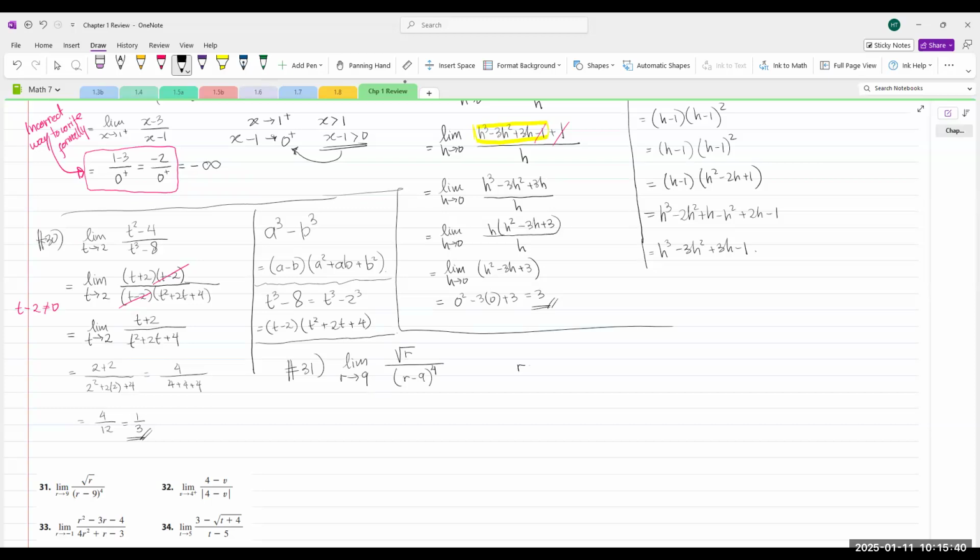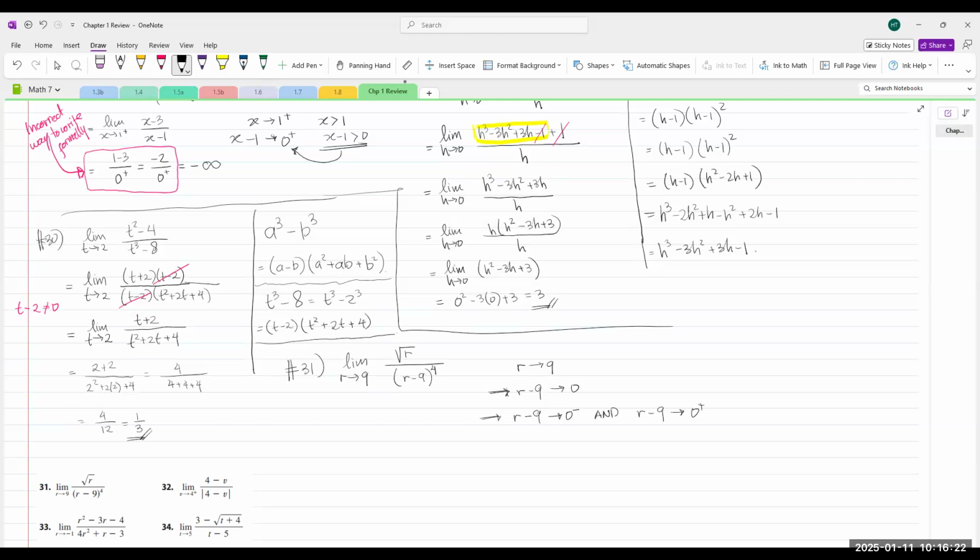Notice that r approaching 9 means r minus 9 is approaching 0. Now, r minus 9 is approaching 0 from both sides, maybe negative, maybe positive. It means r minus 9 is approaching 0 from the left-hand side, and also from the right-hand side, because it doesn't specify which direction it is approaching from.